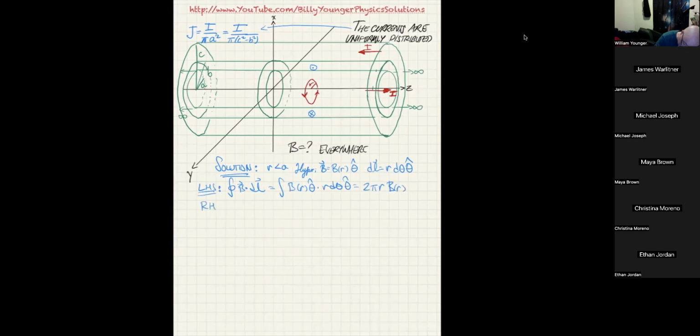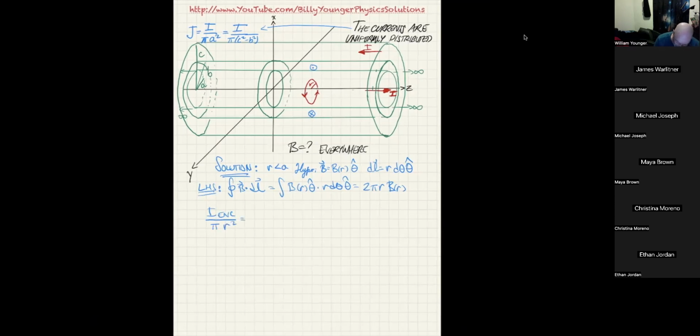The right-hand side is a little more complicated because we have to make use of the fact that the current, when we're doing R less than A, the current enclosed is not completely I. So I'm going to write I enclosed divided by the area of the Amperian loop that's actually enclosed, so that'd be pi R squared.